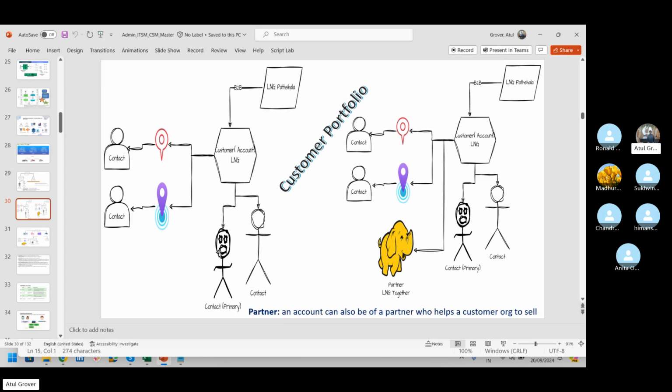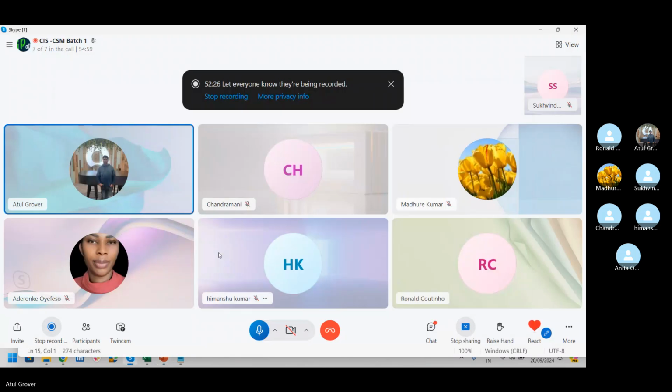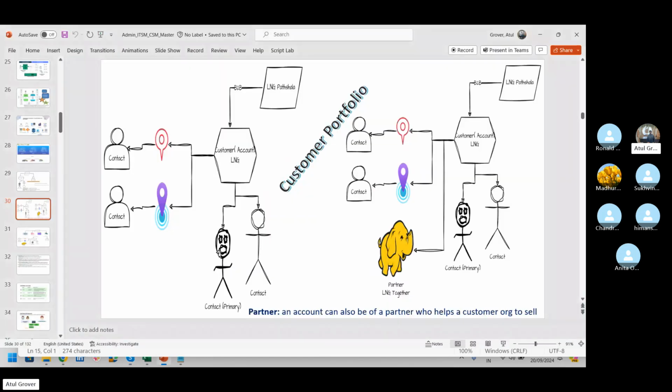Also, this account also works in a hierarchy. Let's take the example of Tata. Tata has a lot of business: Tata Consultancy, Tata Communication, Tata Motors, and so on. So we can create one hierarchy. Primary is Tata.